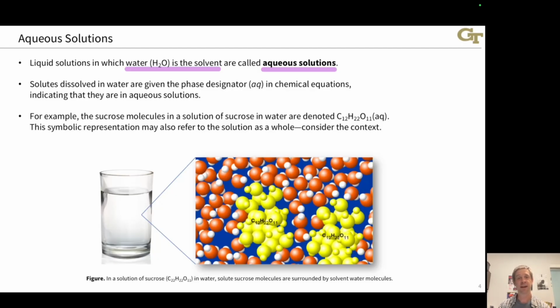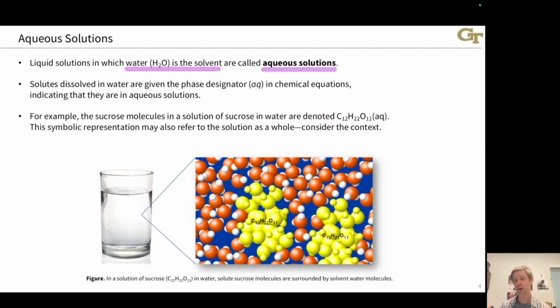This indicates that that substance is not present in pure form, but is bathed in or surrounded by water molecules. So for example, if we put some sucrose into an aqueous solution and then treated that aqueous solution with something else to try to get the sucrose molecules to react, the way we would represent the sucrose in a chemical equation is with its chemical formula followed by the (aq) phase designator.